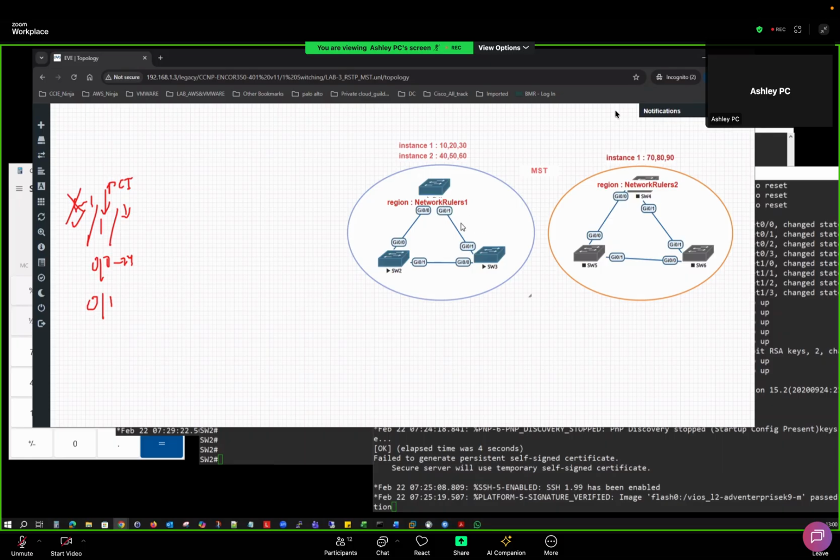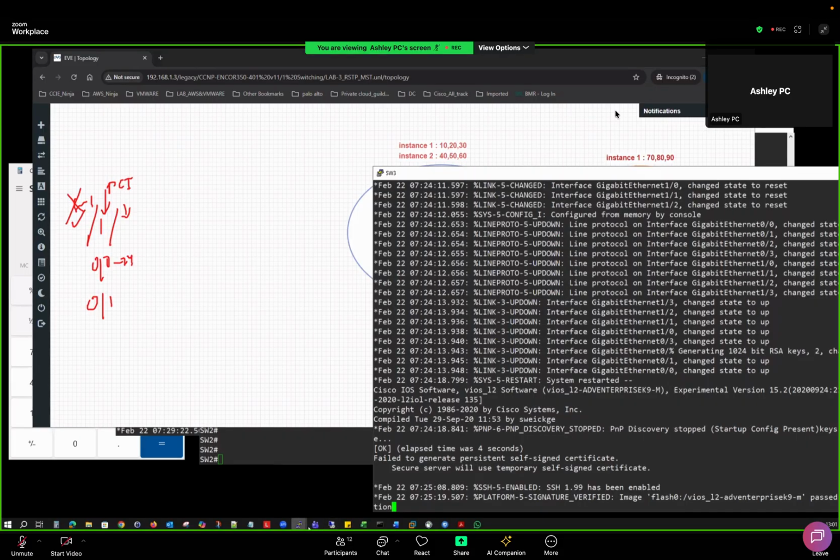So for bundling MST0, for entire VLAN, this cost becomes 20. This cost becomes 20. So this port is going to take 20 plus 20, right? 40,000. And then for reaching from this port, for entire VLAN, 1 to 4000, this cost becomes 60. I'm going to the switch 3.